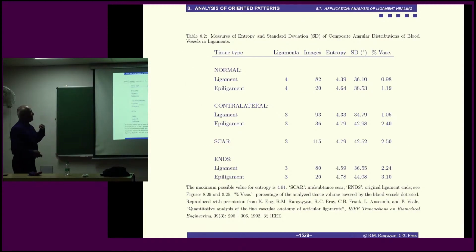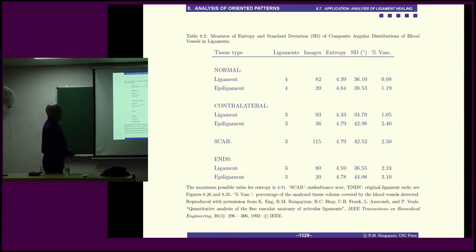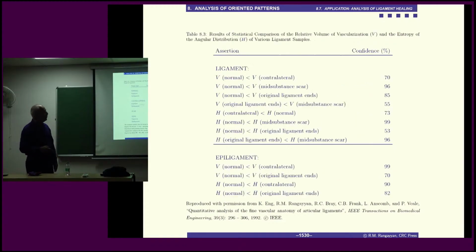Some statistical analysis was done, and a number of images were obtained from a number of ligaments. The entropy values were computed, and the standard deviation of those, and percent vascularity, that is the area covered in the image. Then a number of assertions were made with certain confidence levels that were computed.